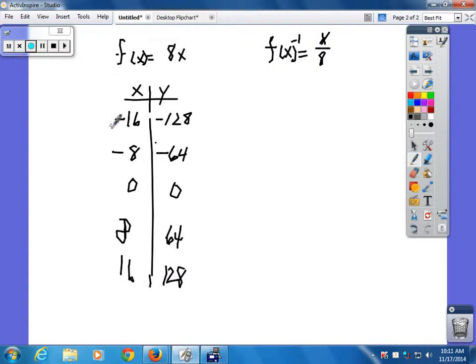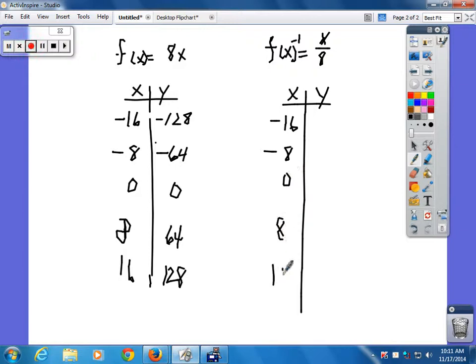Okay, now over here, x, y: negative 16, negative 8, 0, 8, and 16. What's negative 16 divided by 8? Negative 2, Hubert.